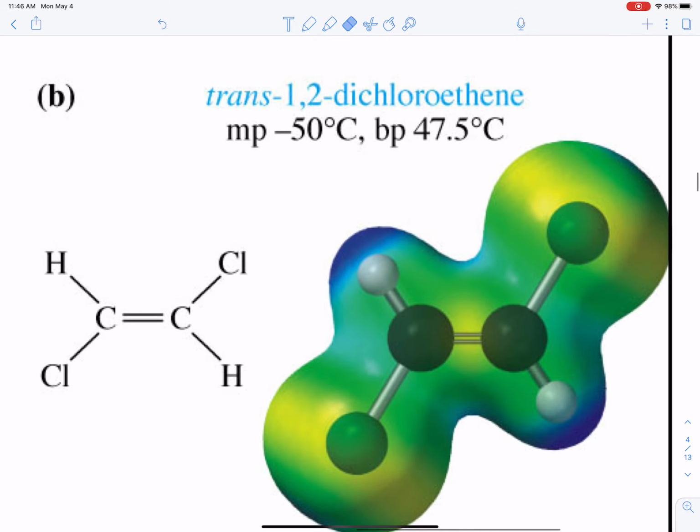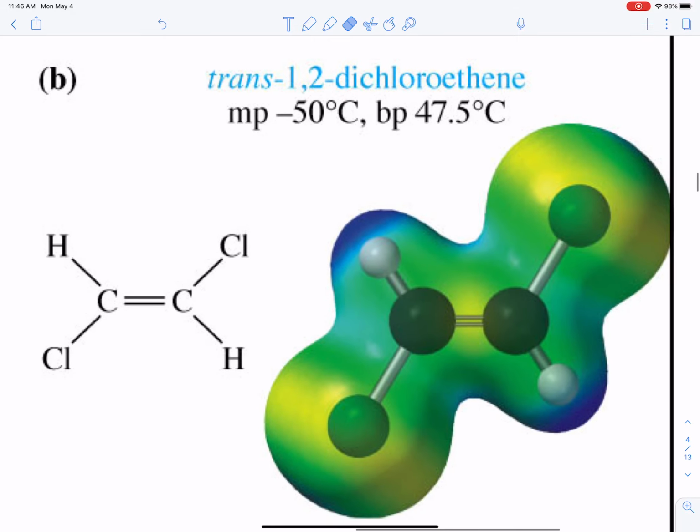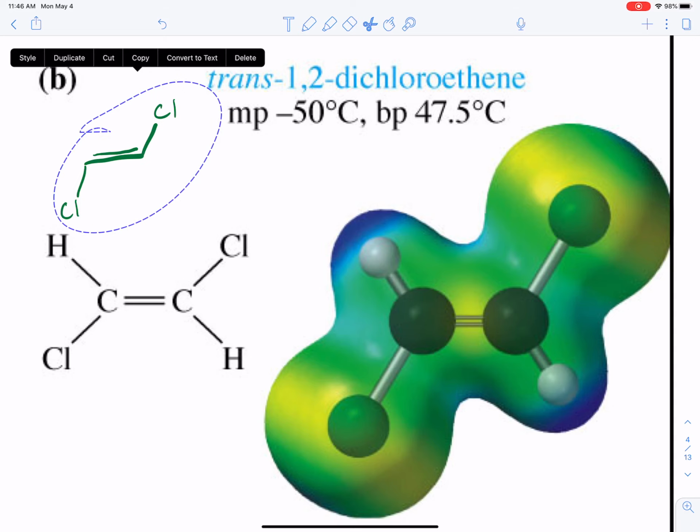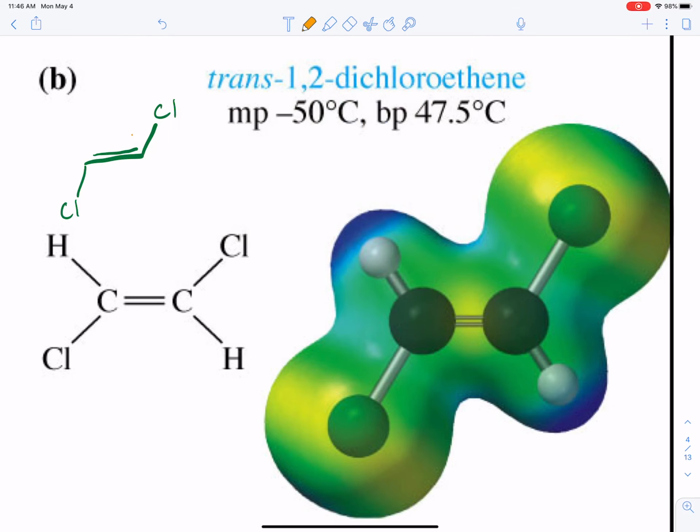We can also look at something different. What if we're looking at something that looks like this? So there's this. It's an alkene. I put a chlorine up top. I put a chlorine down bottom, like this. When you have this thing right here, now then, we see that we've got a polarity this way, and we've got a polarity this way, don't we?